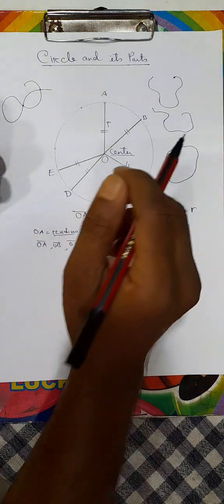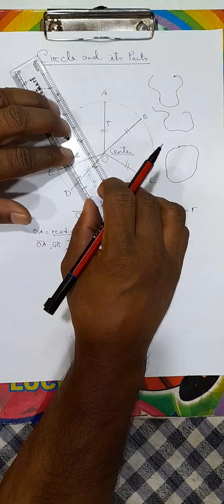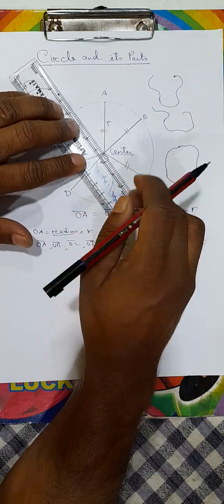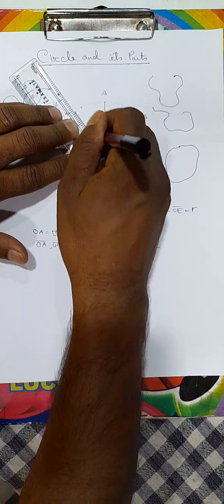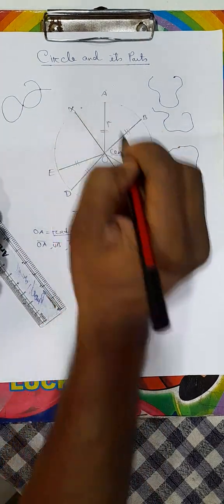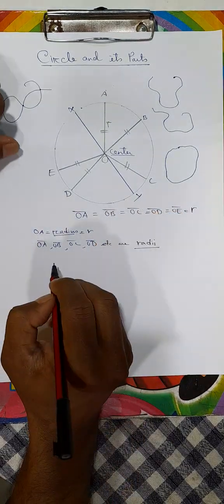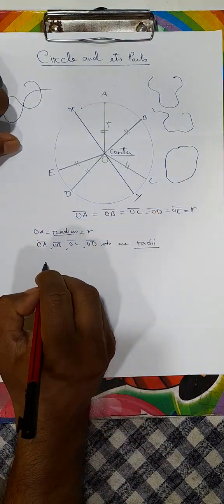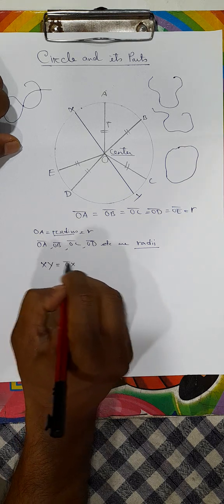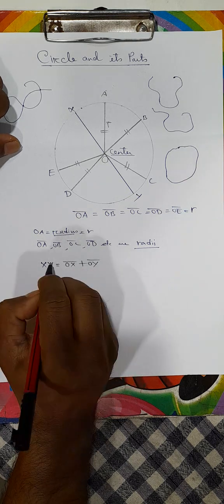Right? Now let us draw one more line through the center O which will join any two points on this circle. Say these two points are X and Y. Now we think about the line segment XY. XY equals OX plus OY.